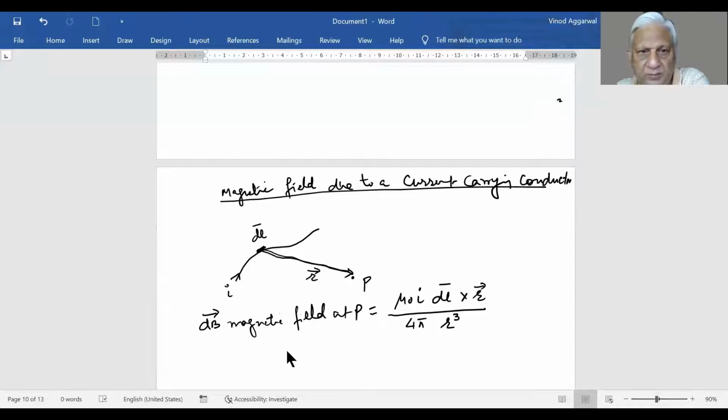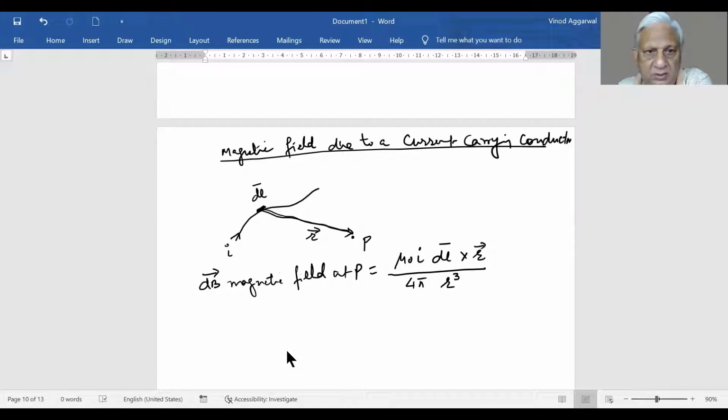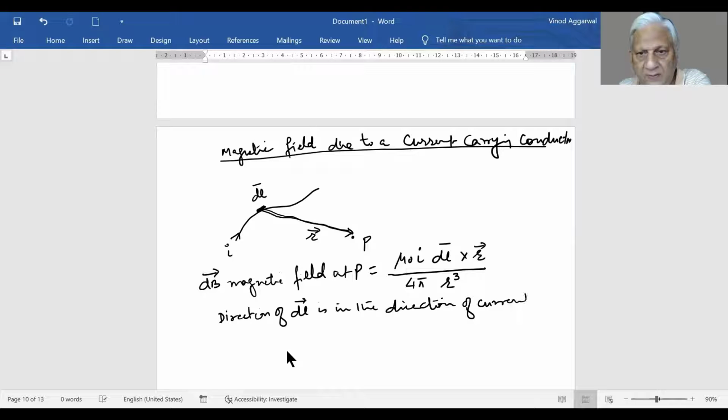Now, the direction of dl is in the direction of current, with one additional point that it is also tangent to the wire at that place.